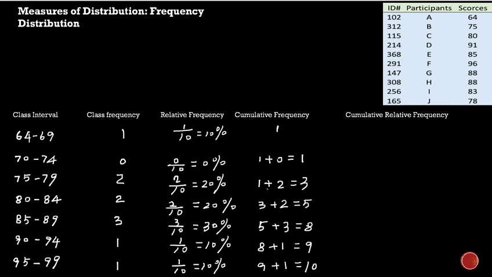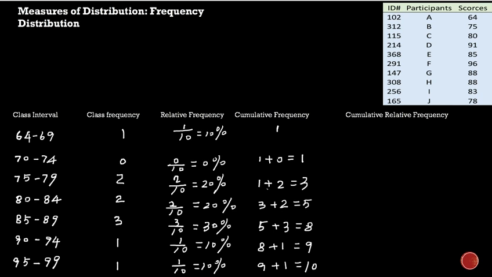Let's go to the cumulative relative frequency. Oh, more and more complicated. To calculate it, we need to use this column and then do the relative calculation. When you see the word relative, just remember to divide by the size of the data set.